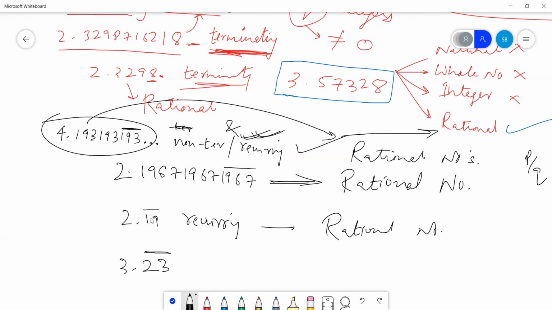Is it recurring or non-recurring? It's recurring. So all recurring numbers are rational numbers. So is it rational or irrational? Rational. Right. That is what I was saying. Last one.